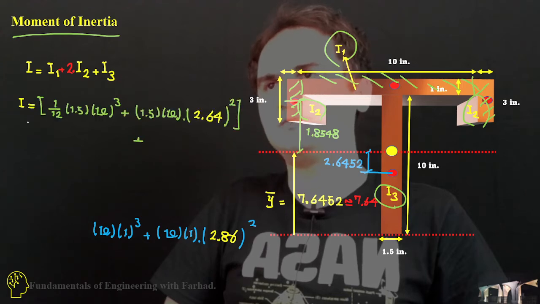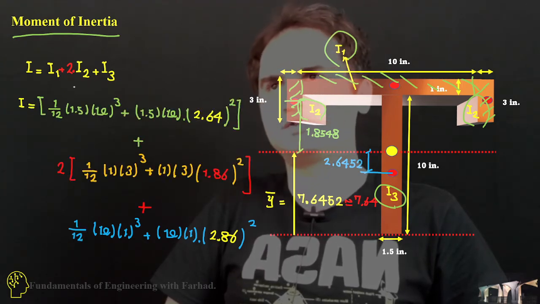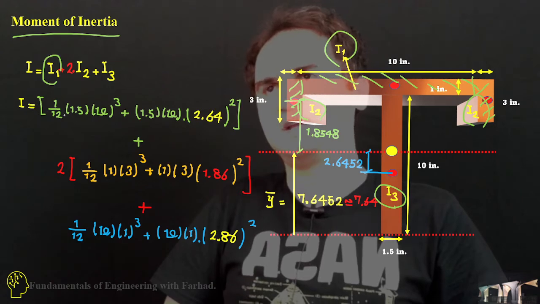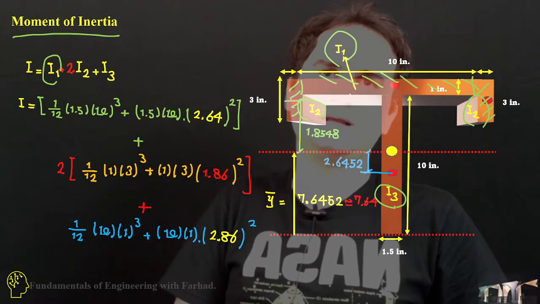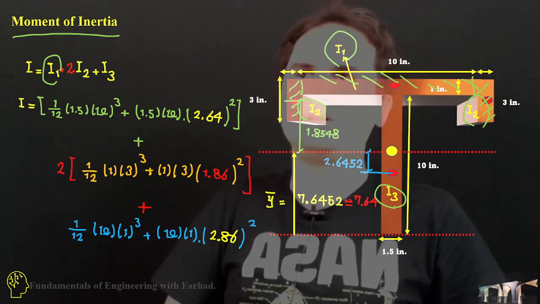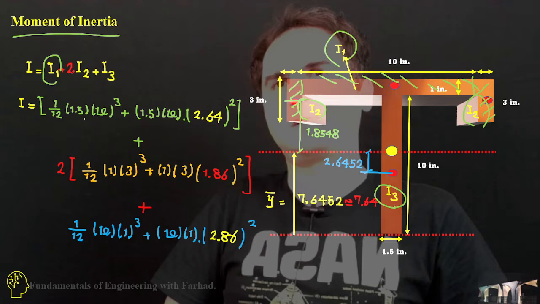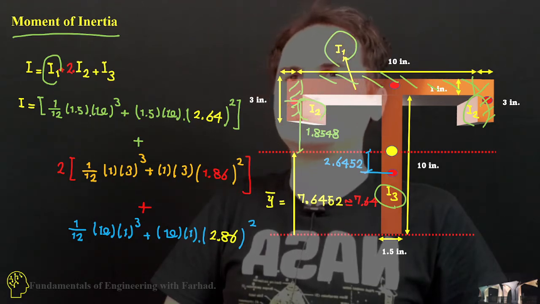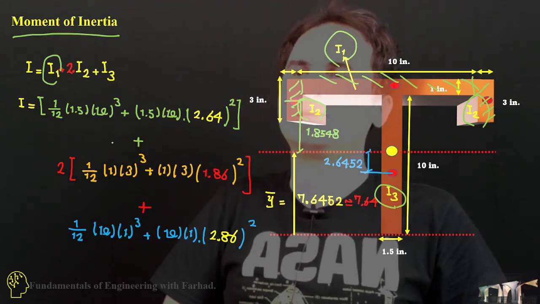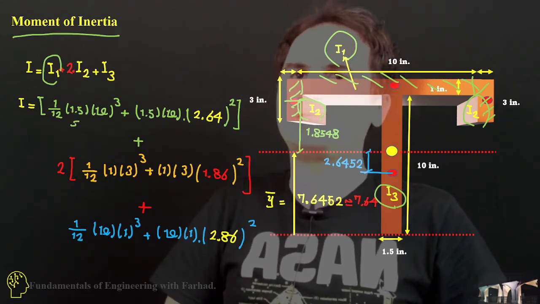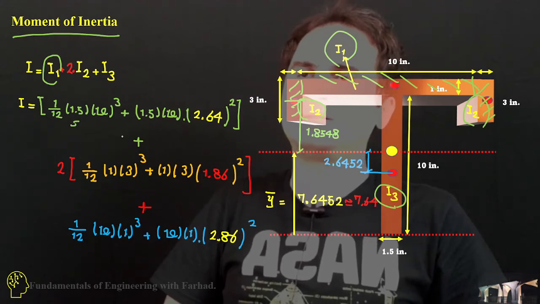And if we add them together, using the parallel axis theorem, for example for I1, that's 1/12 base times height cubed. Base is 10 inches and height is 1 inch. So we started from the depth, that's 1/12 times 1.5 times 10 cubed, then plus AD squared.